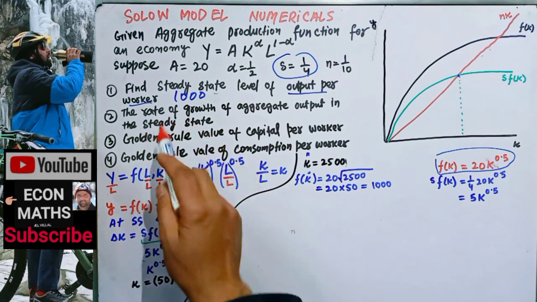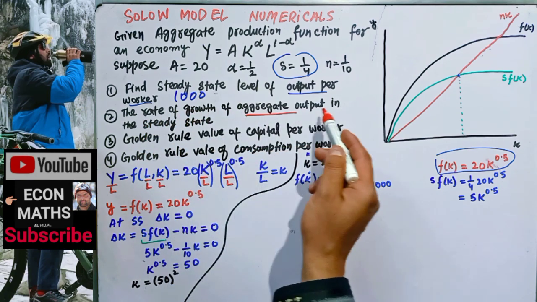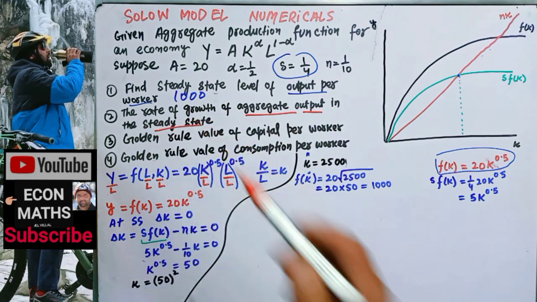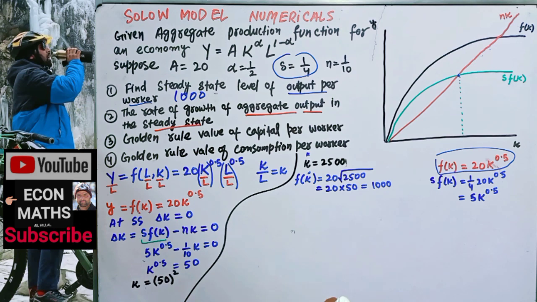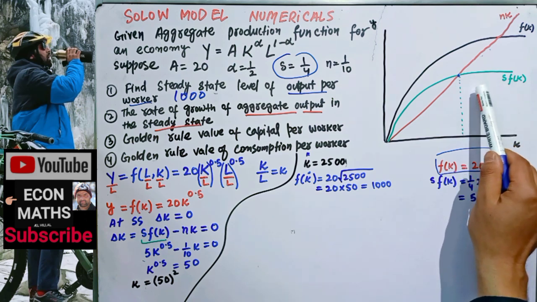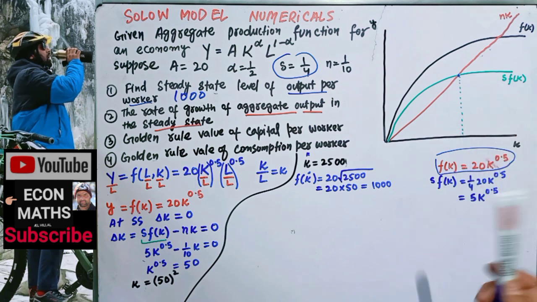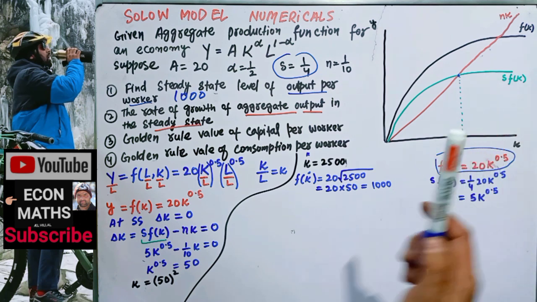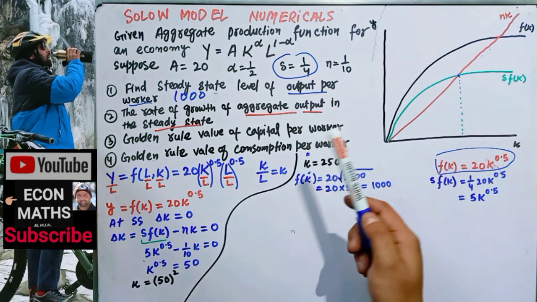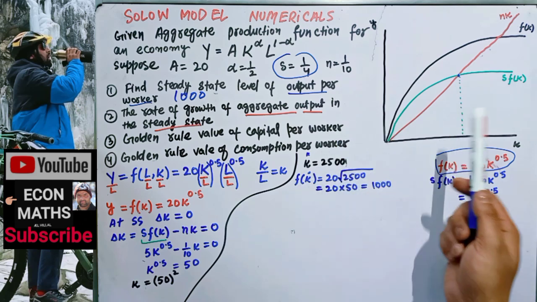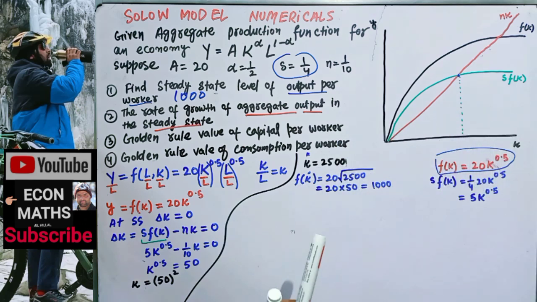The second question is the rate of growth of aggregate output in the steady state. We know, and you can see graphically, that in the steady state capital per worker is constant, so output per worker is constant. Thus the growth rate of steady state output per worker is 0.